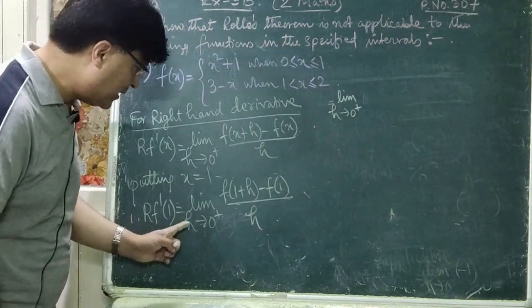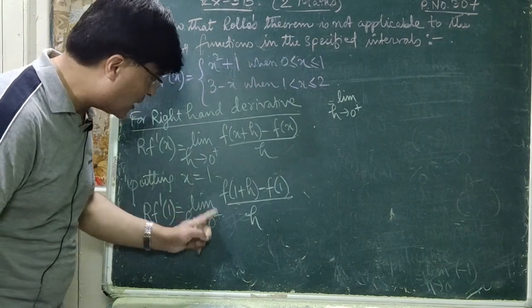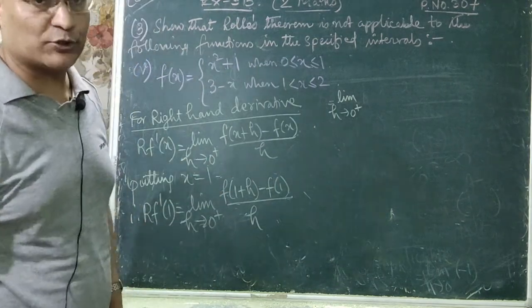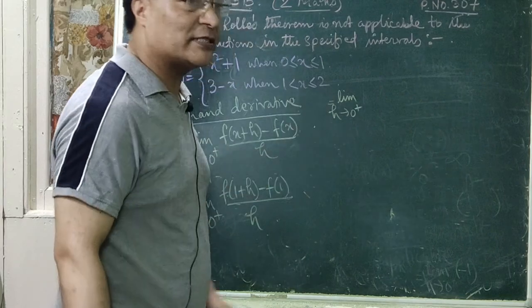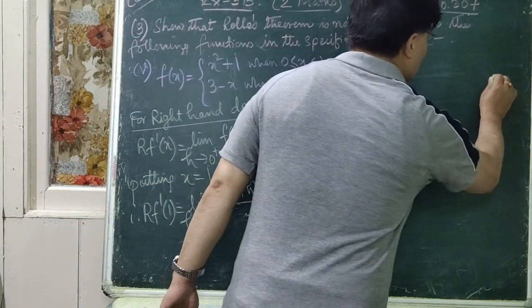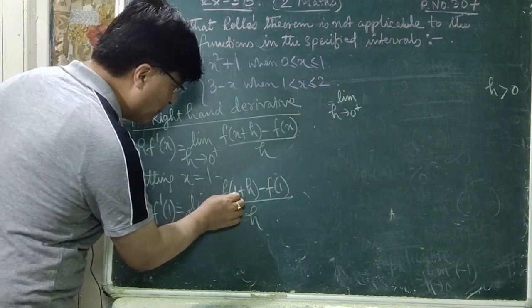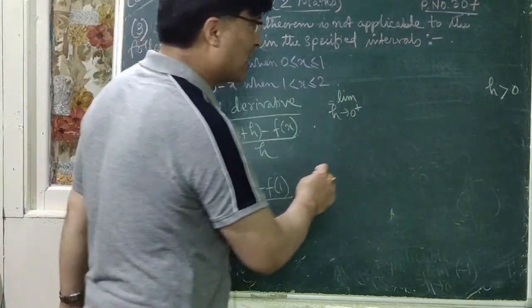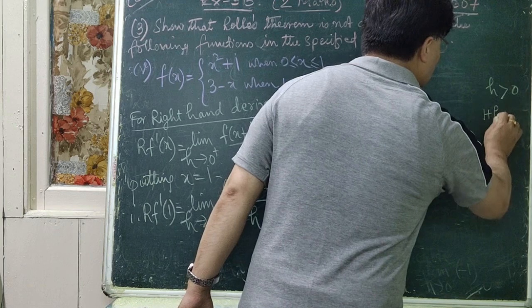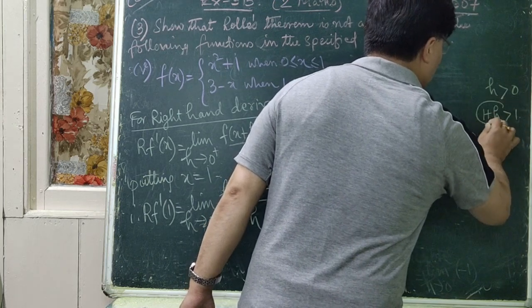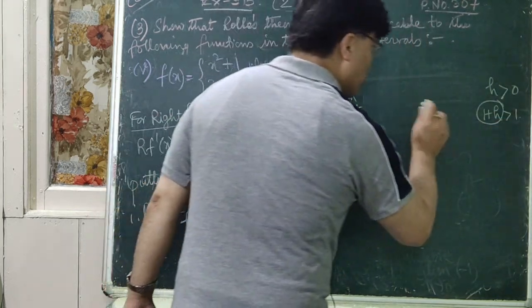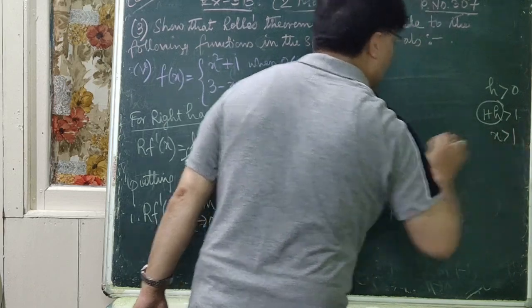So when h tends to 0 plus, what is the value for f of 1 plus h? So what is the meaning of h tends to 0 plus? It is h greater than 0. Since we have to get the value for f of 1 plus h, add 1 on both the sides. So 1 plus h greater than 1. Now for this 1 plus h, you may take it as x greater than 1.